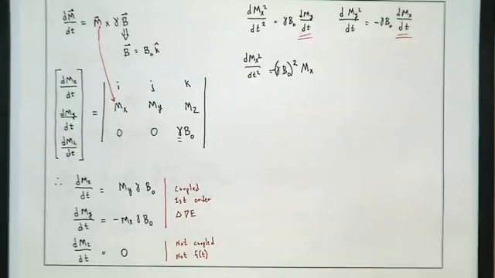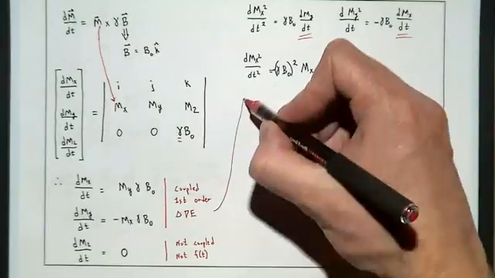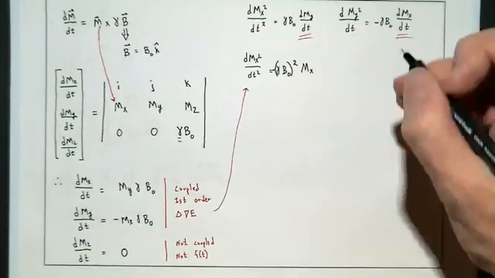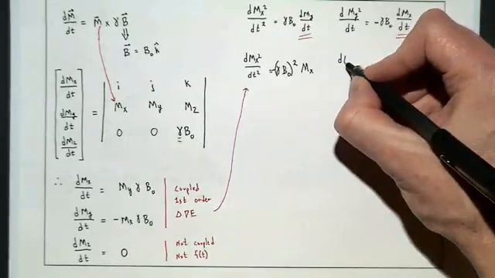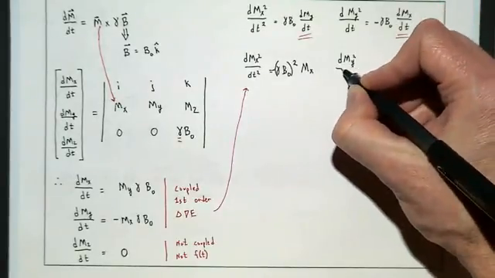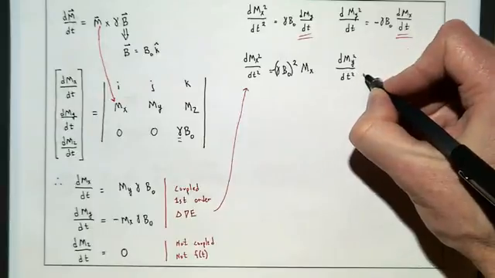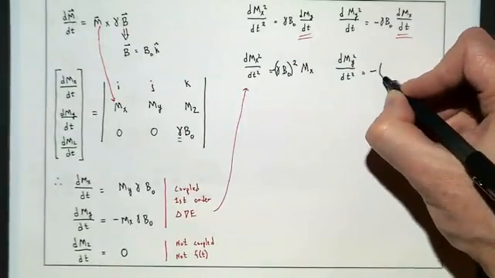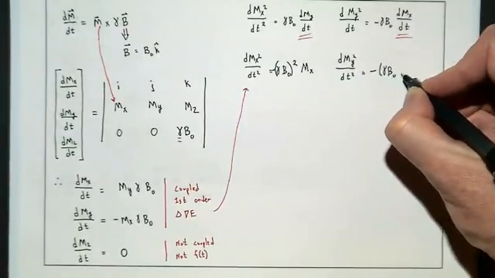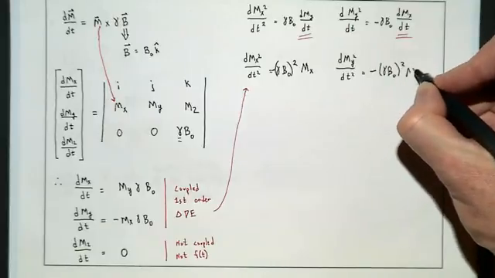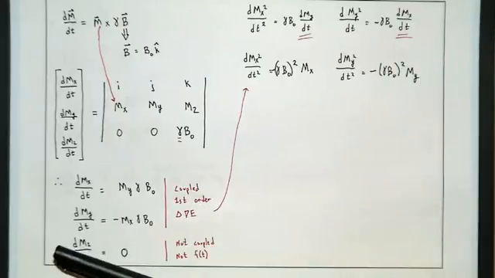Make sense? I'm just substituting in these expressions here. I can do it for this expression too. So I have d²my/dt², and that's just going to be equal to minus gamma B0 squared my. So what's great about that?